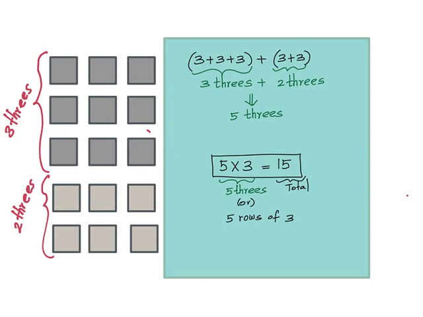So when we add the 3 threes and 2 threes, it becomes 5. You know that 3 plus 2 is 5. So 3 threes plus 2 threes makes 5 threes.